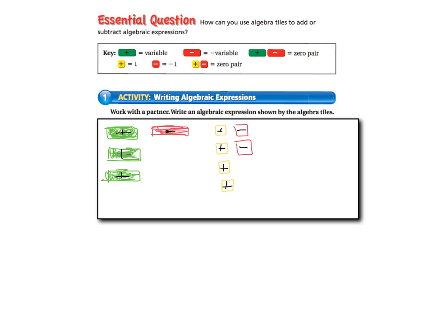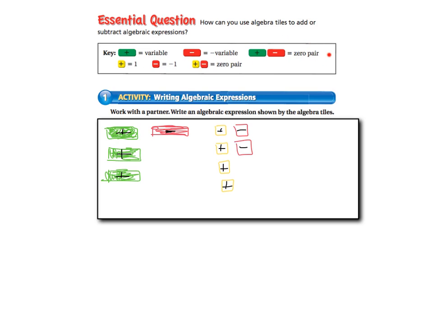Okay, I'm going to show you one more way to write an algebraic expression using algebra tiles. So we're just going to practice again. We can see here that we have 3 positive variables and we have 1 negative variable. And anytime we have a positive and a negative together, it equals a 0 pair.